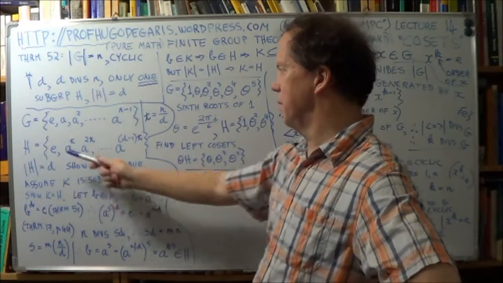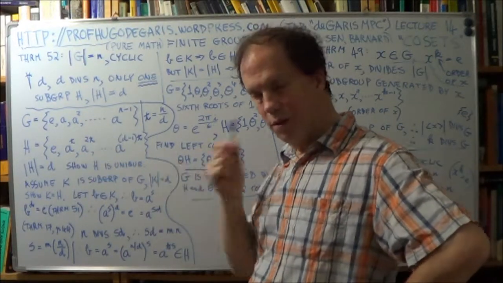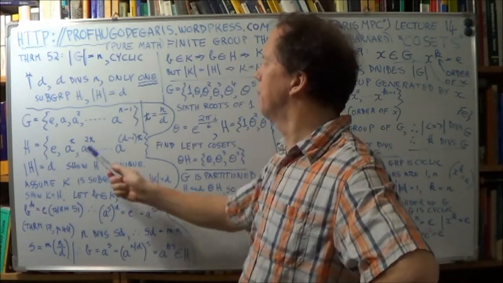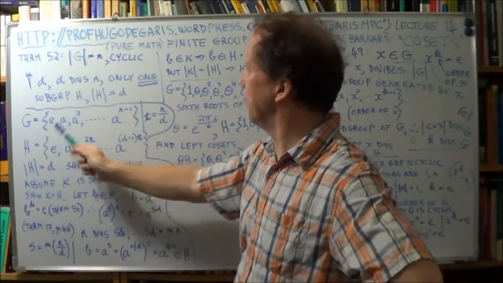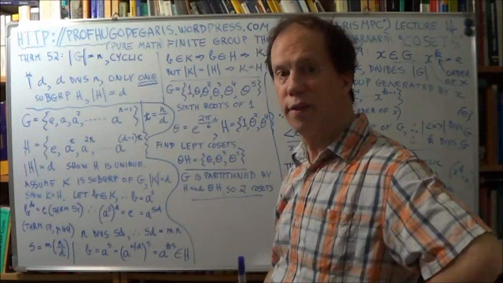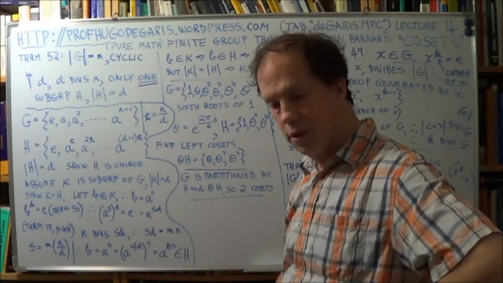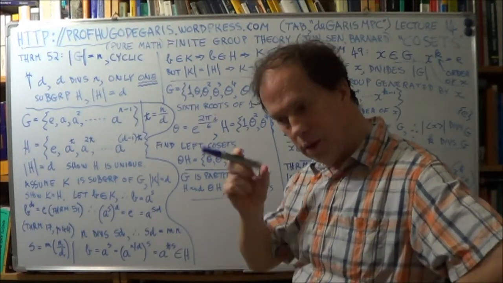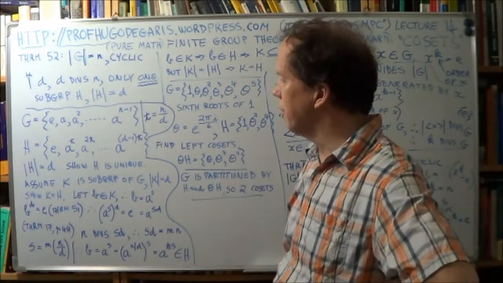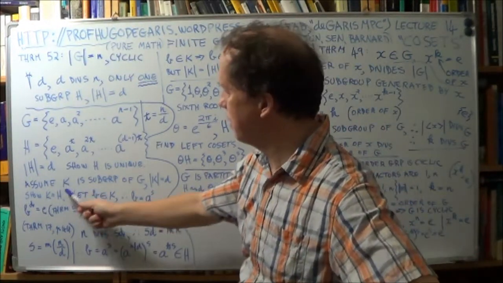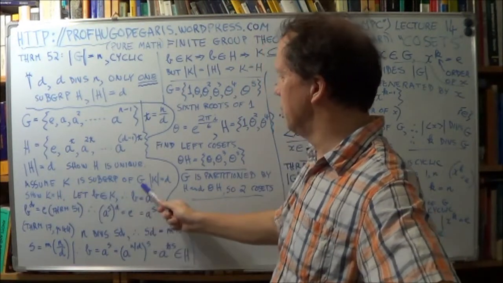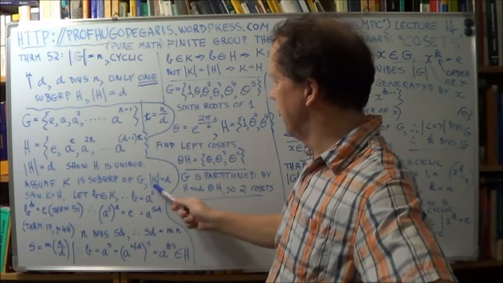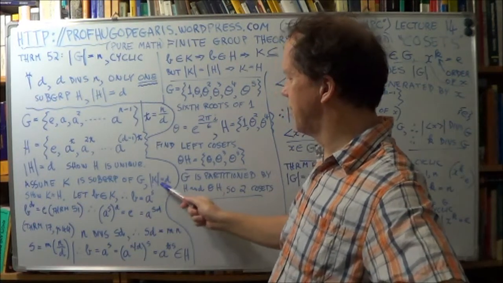Okay, so we have shown the existence of a subgroup of order d. We have at least one of them. So let's assume that there's a second one. We'll just call it subgroup K. It's also a subgroup of G, and it has the same size, right?